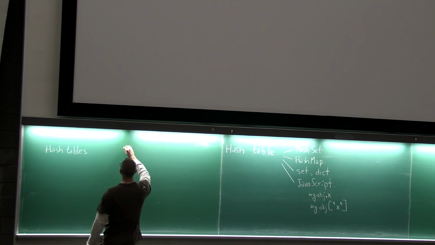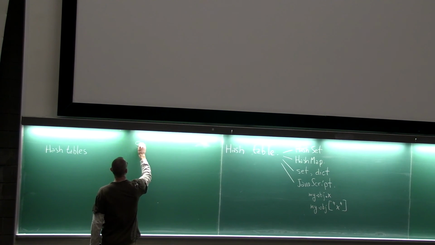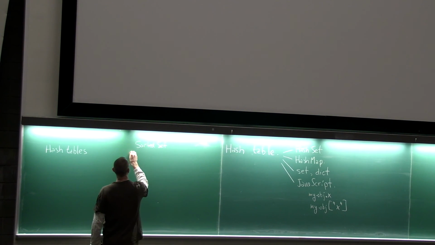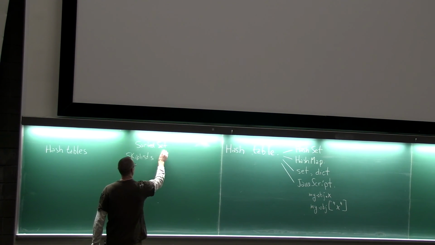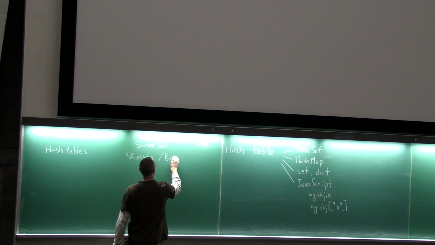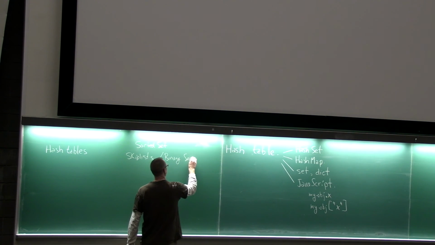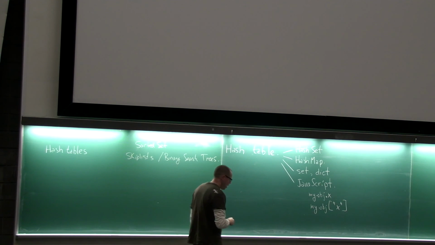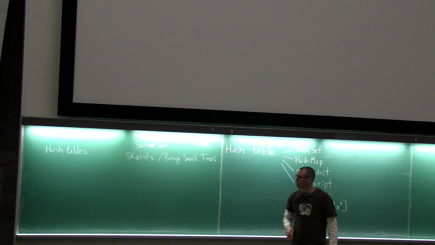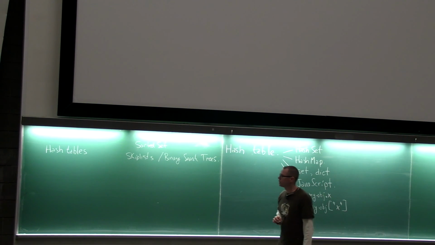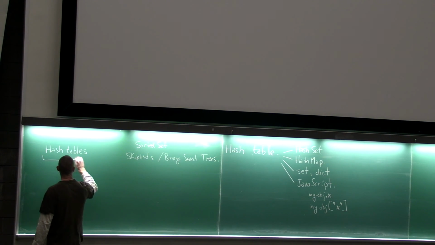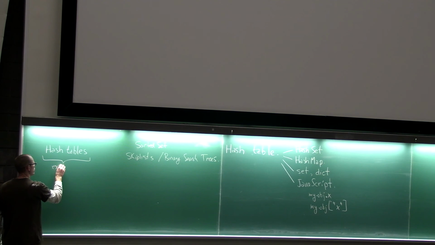And we have things like different implementations of sorted sets, which includes things like skip lists and different kinds of binary search trees. These things solve two different problems. What hash tables let you do are exact searches.